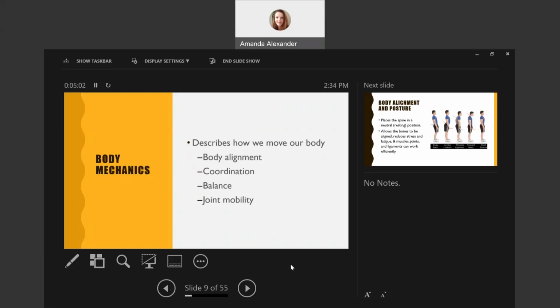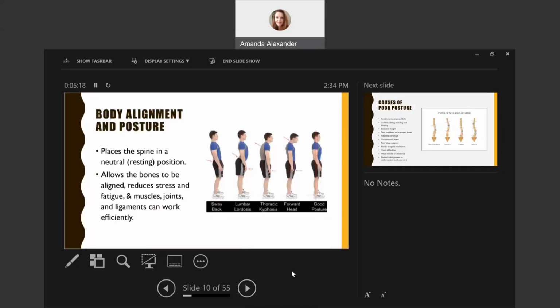Factors that may play into affecting mobility are alterations in muscles, injuries in the musculoskeletal system, poor posture, impaired central nervous system, and health and age status. Body alignment and posture: the placement of the spine is important for body alignment and posture.